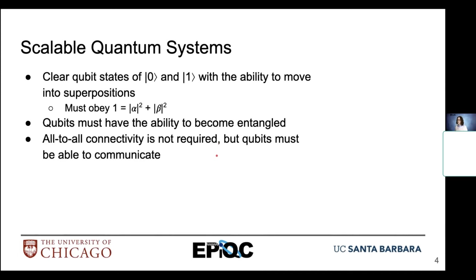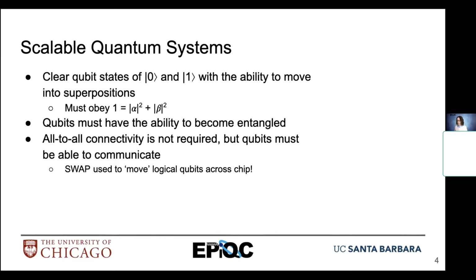Next, although we don't have to have the ability for each qubit to be able to talk to each other, we need to be able to communicate in some way. So sometimes that's done with a swap gate. Some of these devices are constructed in such a way that they are physically stuck to where they are on that chip. So for example, look at superconducting circuits.